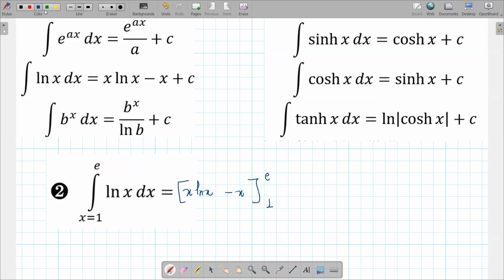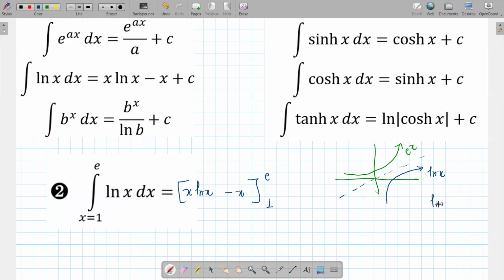Remember, what's ln of x? What's the inverse of ln of x? It's e to the x. e to the x looks like this. Ln of x is the inverse function, which will look like this. Where e is the natural number, 2.71 something.